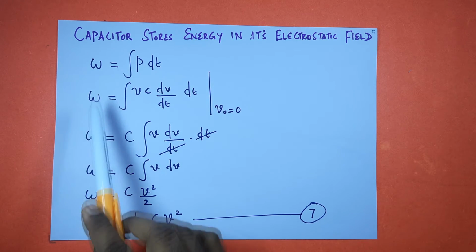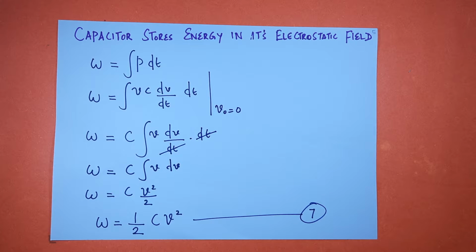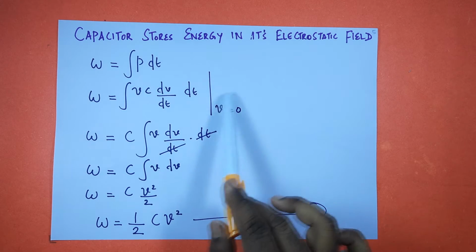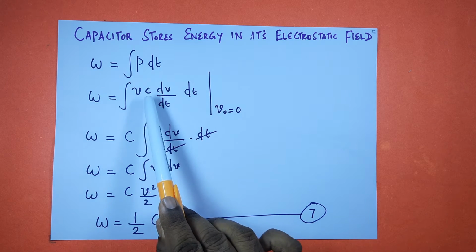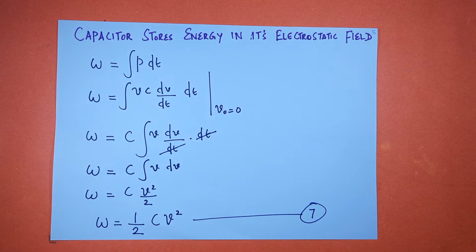Okay. So W, the energy, is equal to integral of P dt. W equal to P, the previous equation is P, that is equation number 6. Substitute that here. W equal to integral V C dv by dt into dt, when the initial voltage V naught equal to 0. Now this C is a constant, take it outside the integral.